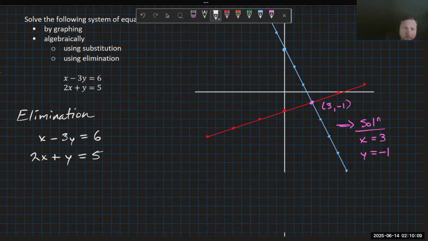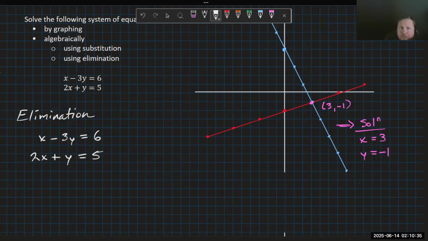Okay. Now, before we start trying to add equations together, we want to manipulate one of them so that something's going to cancel out. As they are, if I add the left-hand sides together, nothing's going to cancel out.